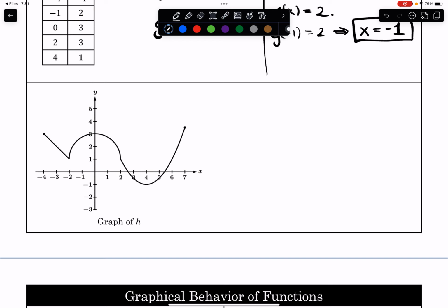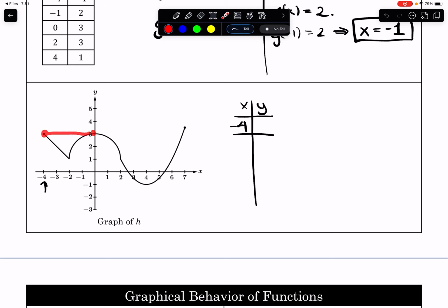If I look at this again in terms of a table, x and y, the values of this function of x and y are determined again by the graph. So if I look at when x is equal to -4, I see that the y value here, this point right there, is equal to 3.